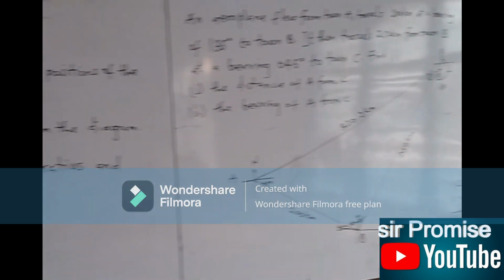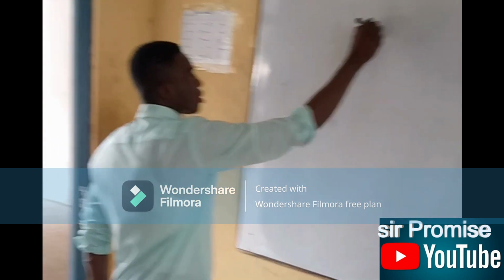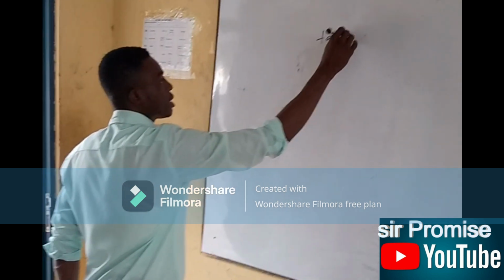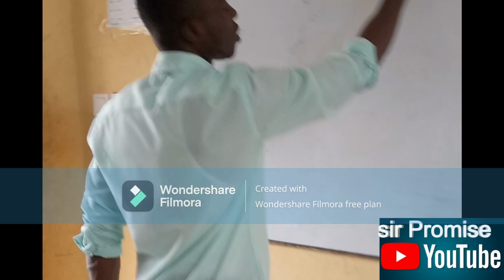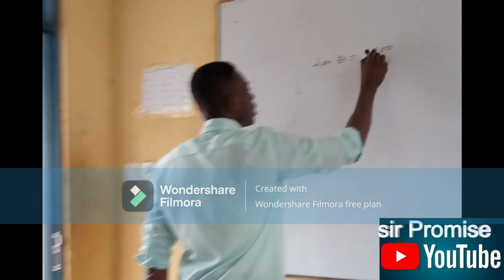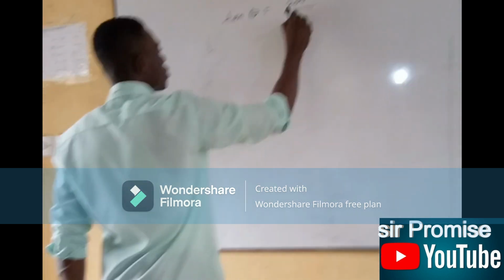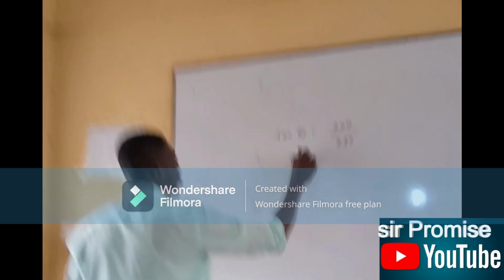So we are going to use the tan. So tan theta, we don't know the theta, is equal to the opposite, which is 200, out of 250.